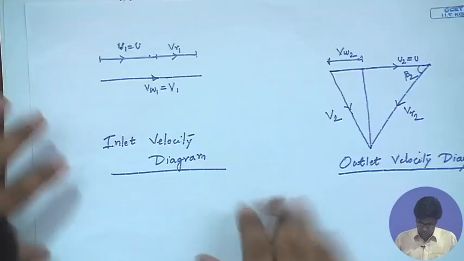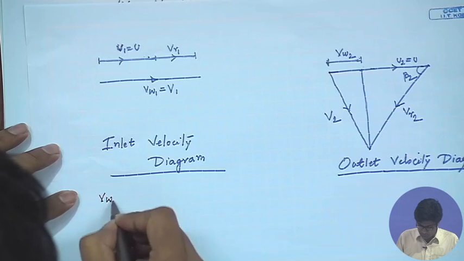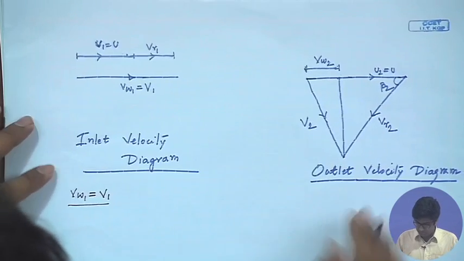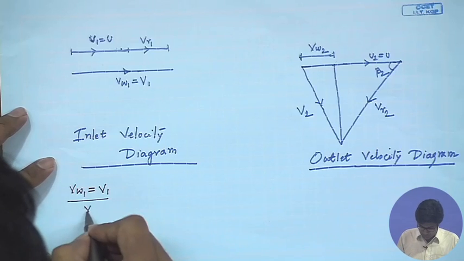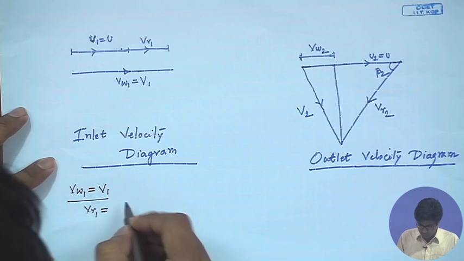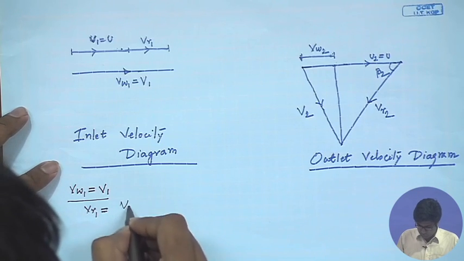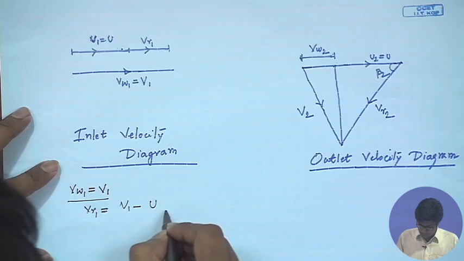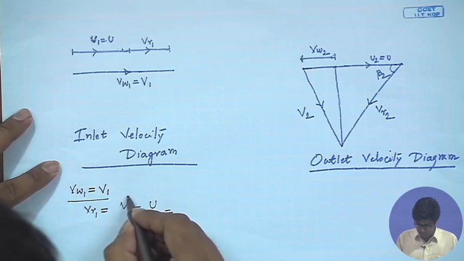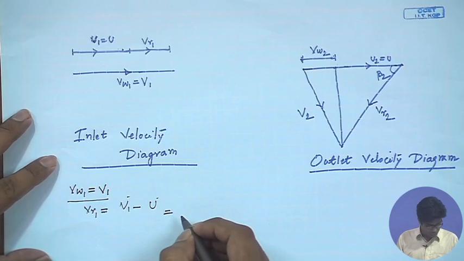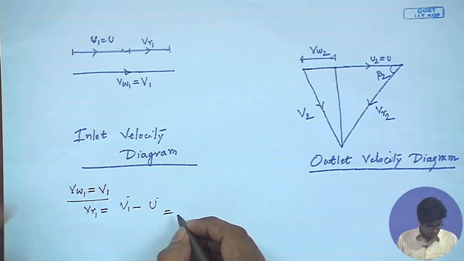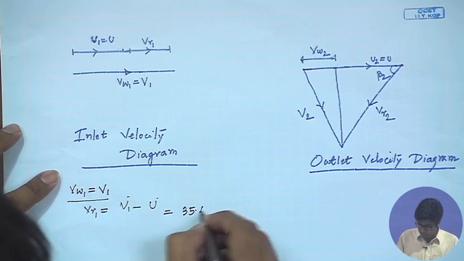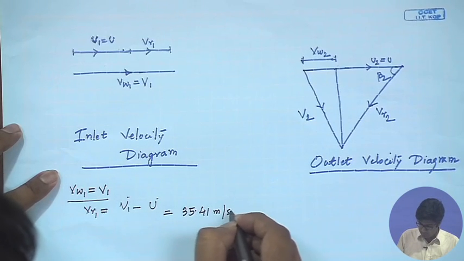Here V w 1, as earlier we have said, that is the tangential velocity at the inlet, is equal to V 1, the jet velocity. So, V r 1 is equal to V 1 minus u or u 1. So, substituting the values of V 1 and u, we already know, we find out the value of relative velocity at the inlet, which comes out as 35.41 meter per second.